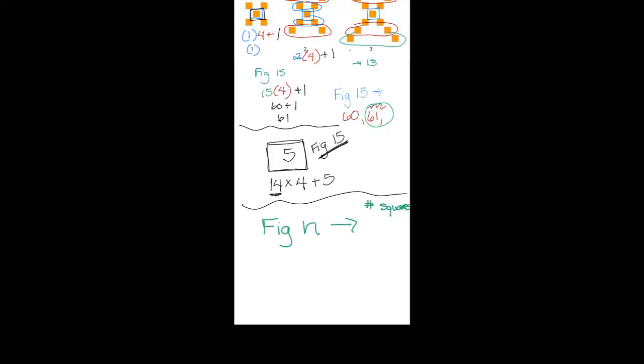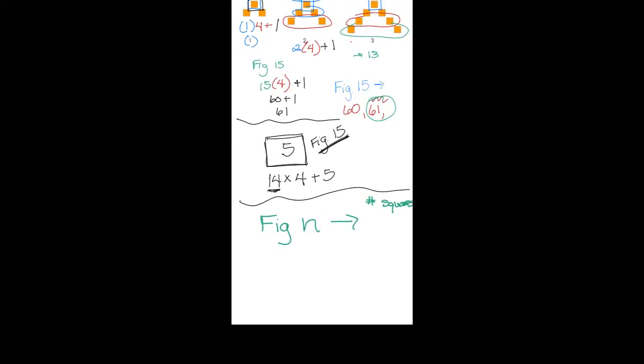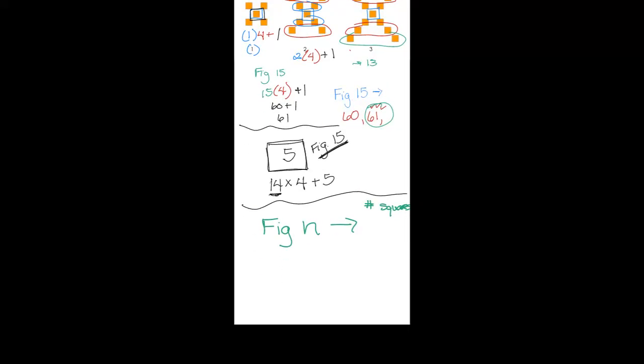Come on, say with me. How many squares are there in figure n? So with what you said to Josie, yours would be what? 4 times n, whatever n is for that figure number, plus 1, right?